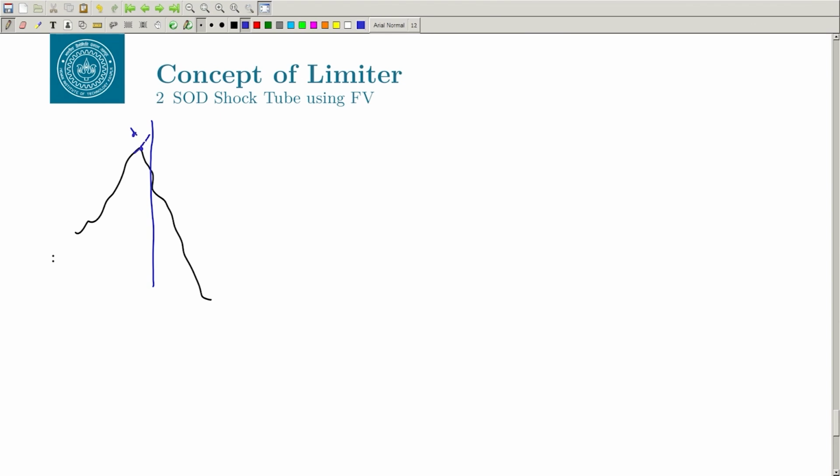So, this is my du by dx which is going positively. If you reconstruct and go to the face, your new value is this much, u plus del u by del x, but actually your value is quite low.